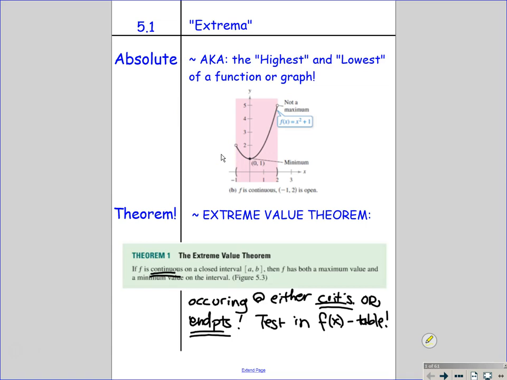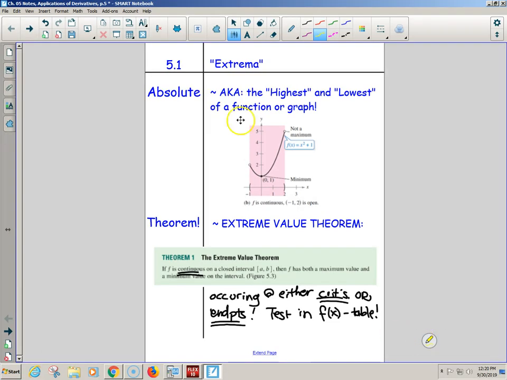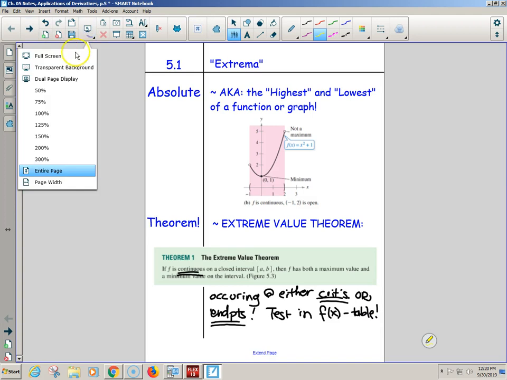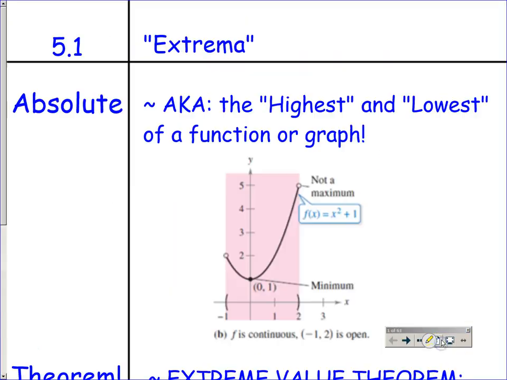Absolute extrema, the highest, the lowest of a function or graph. Do you guys see that original? Can I make them bigger? I'm still getting used to these new buttons. There we go. What's weird about the example that I gave you? Why is there a hole?